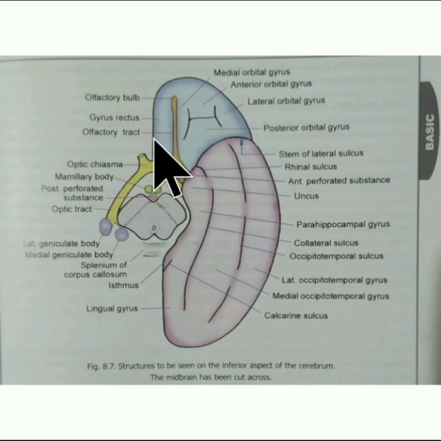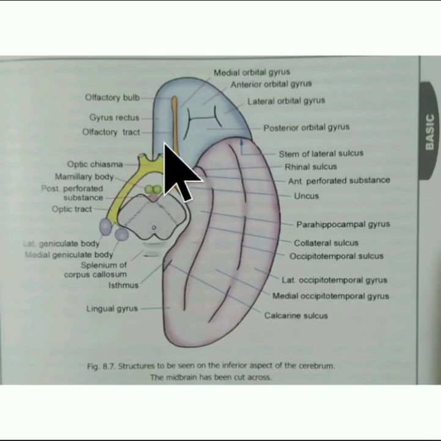Close to its medial border there is a sulcus called the olfactory sulcus, which lodges the olfactory bulb and the olfactory tract.